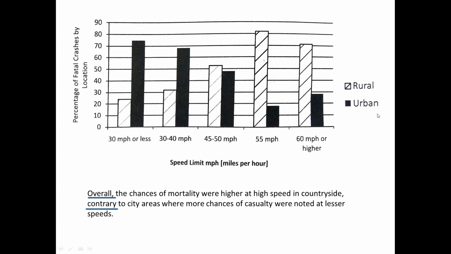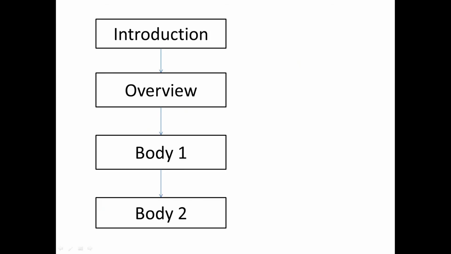Now in case of urban areas, we have higher mortality rate at 30 mph or less speed limit, so we can also write like that. It all depends on you how you want to write in overview, what things you want to write in overview. So after finishing the overview, let's see what we have to do.